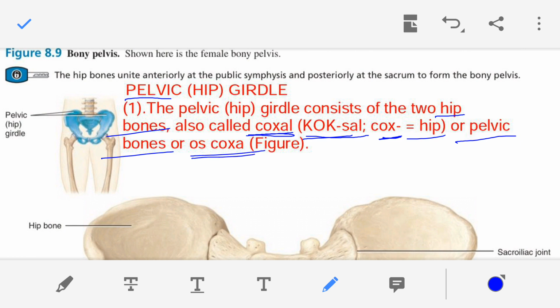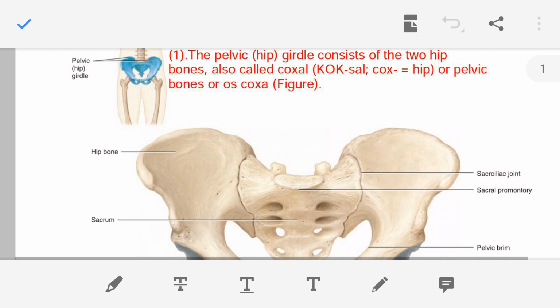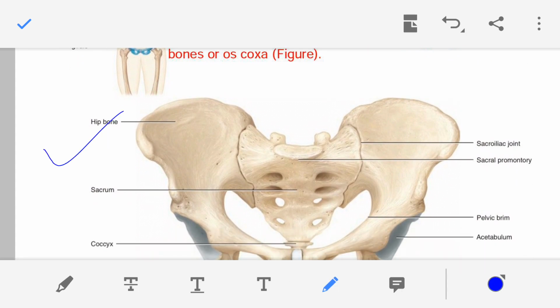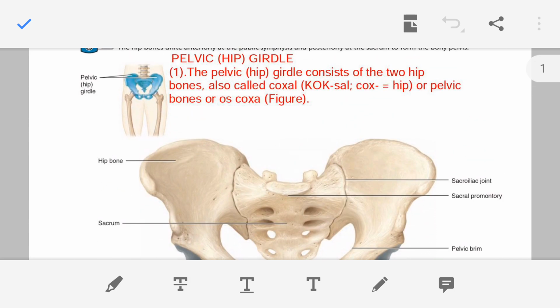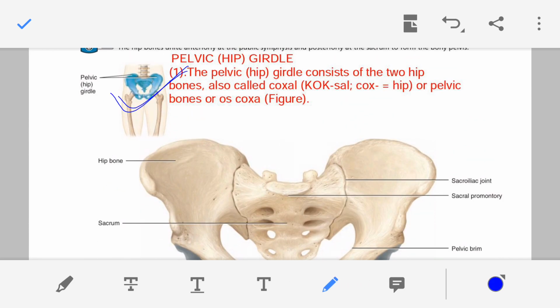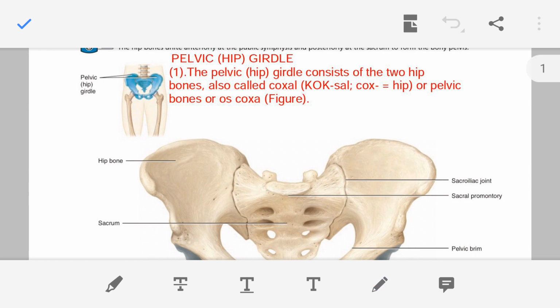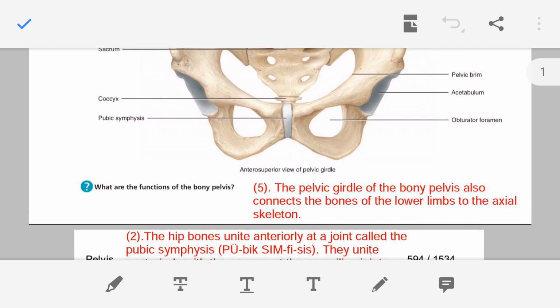So actually there are four names for the bones of the pelvis girdle: hip bone, also known as coxal bone or pelvis bone or os coxa bones. So for the hip bone there are three more alternative names. This is regarding the first point, what the pelvis girdle is made up of. They are made up of two hip bones.